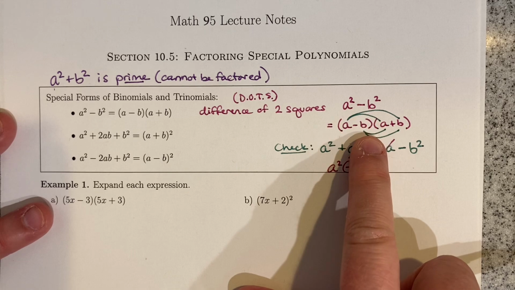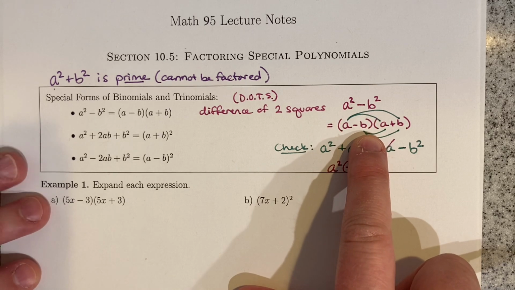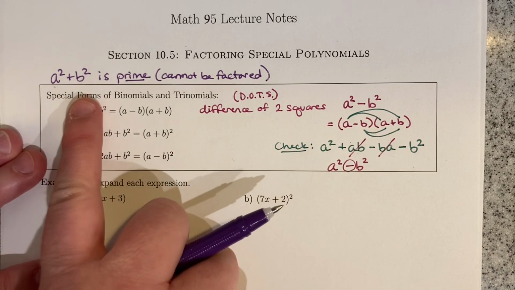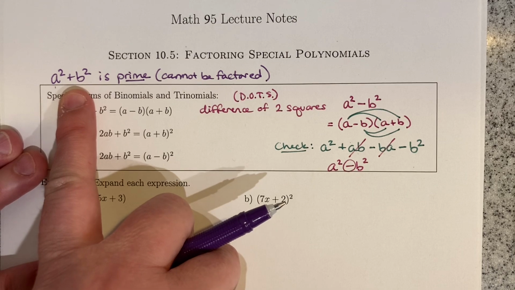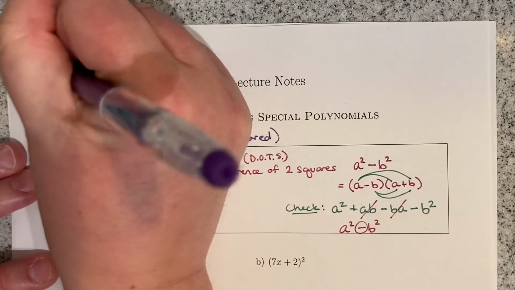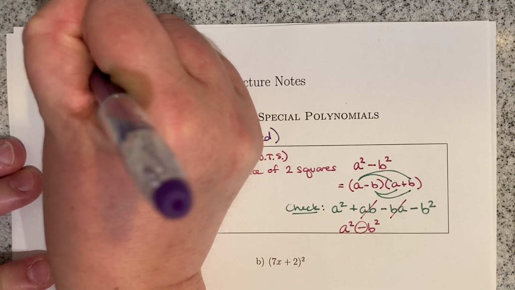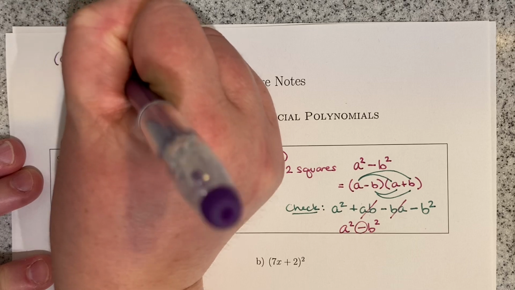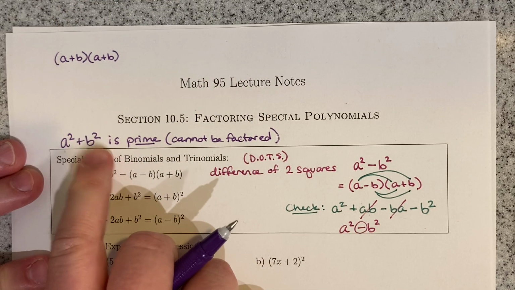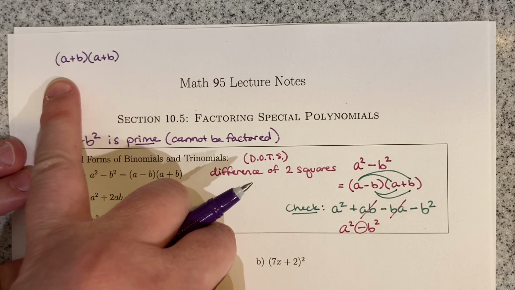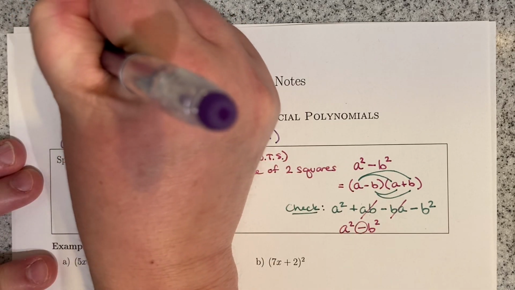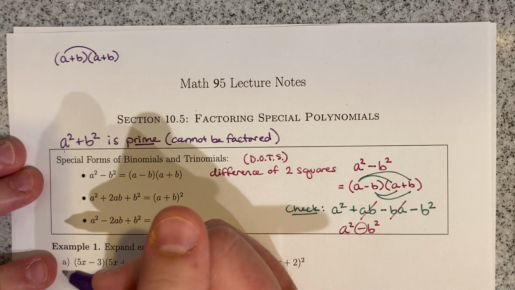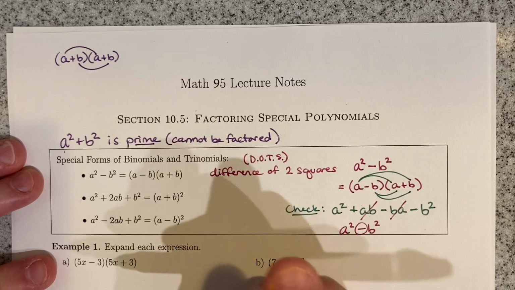Well, and sometimes people need convincing of that too. So let's pretend like, oh, maybe I don't believe Amy. Sometimes that happens. If I were to guess how to factor a squared plus b squared, maybe I'd do this, right? Because then I'd definitely get the a squareds doing FOIL. I'd definitely get the b squareds.